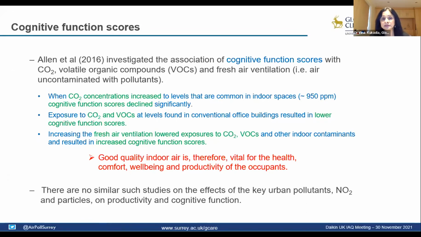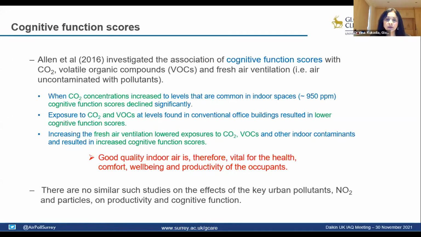Now, in places like London, that's probably not the case, but the building regulations stipulate that the air must be fresh when it comes indoors. So that's something we need to consider. But the study found that when CO2 concentrations increased to levels that are common in indoor spaces, around 950 ppm, cognitive function scores declined significantly.